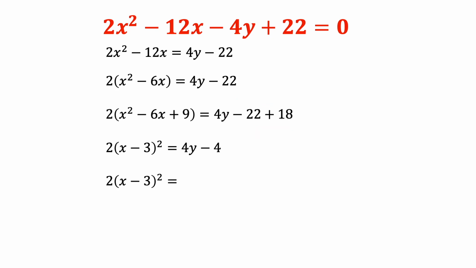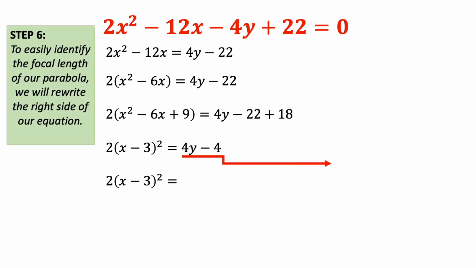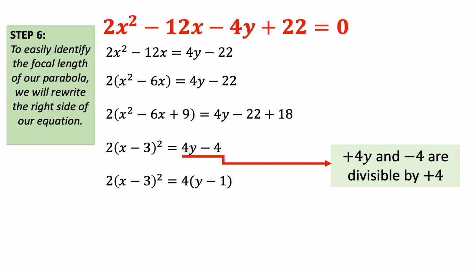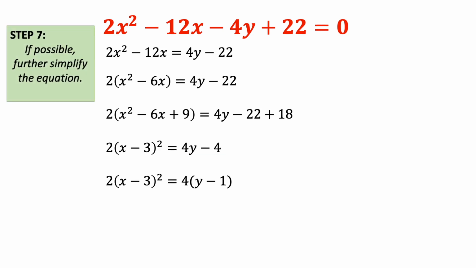Now, we will rewrite the right side of the equation as 4 multiplied by the quantity y minus 1, since both terms are divisible by positive 4. We can further simplify our equation by dividing both sides by 2. 2 divided by 2 is 1. 4 divided by 2 is 2.